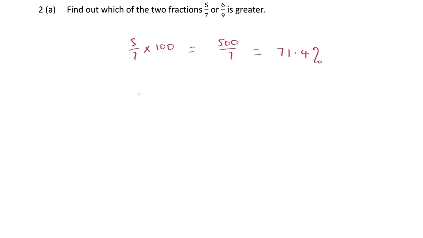Okay, so next, we are taking this 6/9 times 100, of which this becomes 600/9. Okay, so solving this, we are having 66.7%. So now we can see that 5/7 has a greater percentage, and this is going to be our answer.